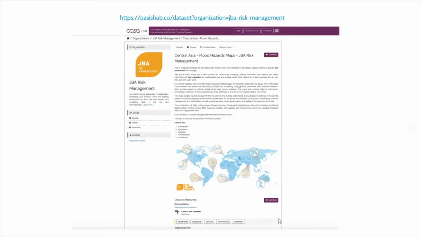Especially in developing economies, as John's already said, there are huge gaps in data, and they are typically the areas that are going to suffer the worst consequences of climate-related disasters. So what we're looking to do is provide a platform that allows people to crowdsource data to help either, in the case of a particular project, or to make it available for a general sort of public good. So thanks for that, John.